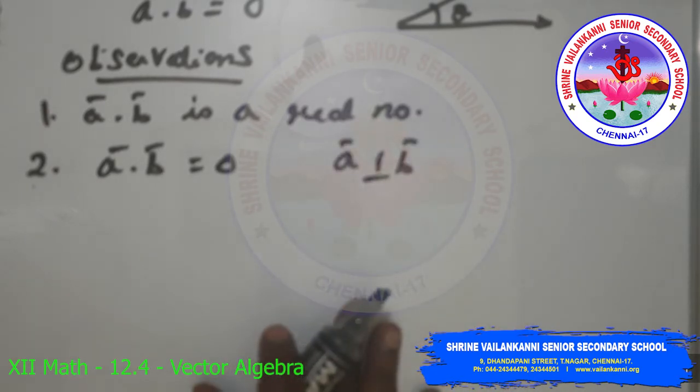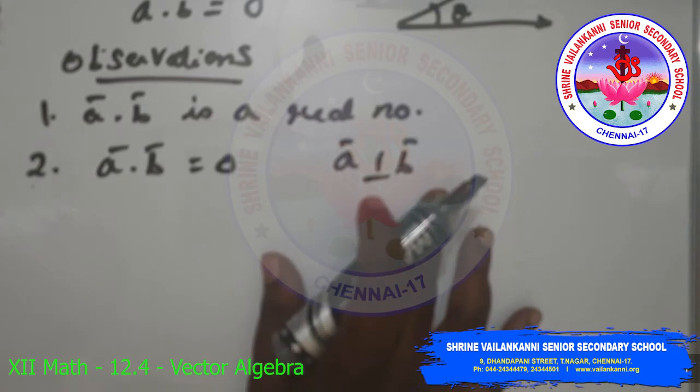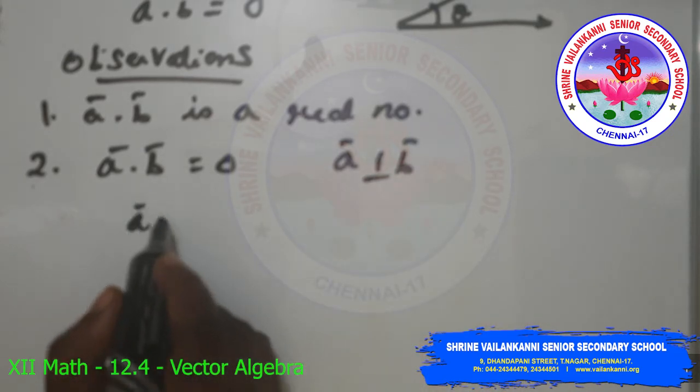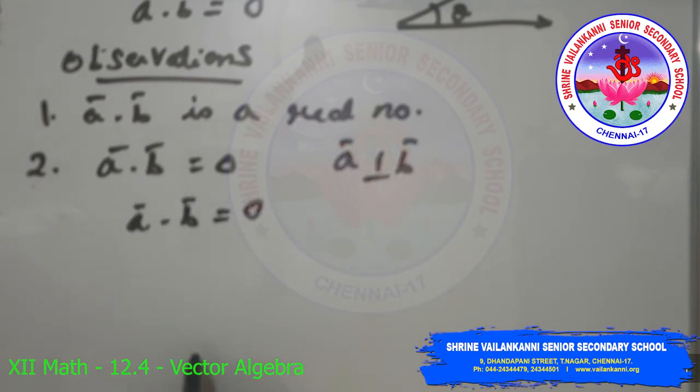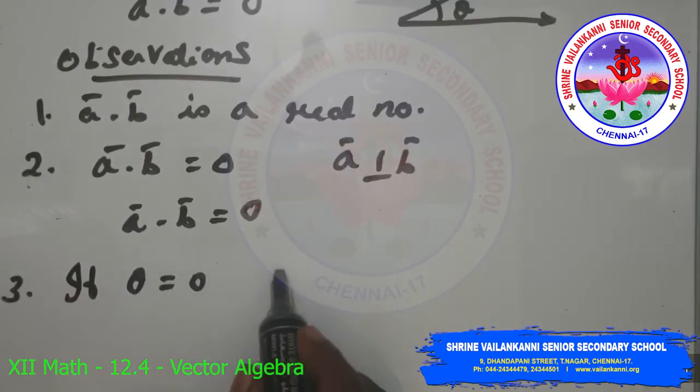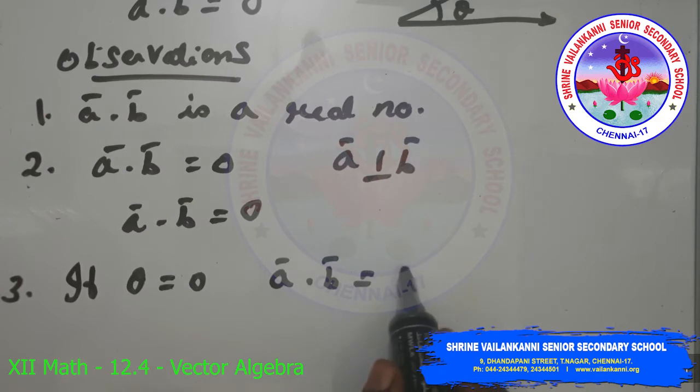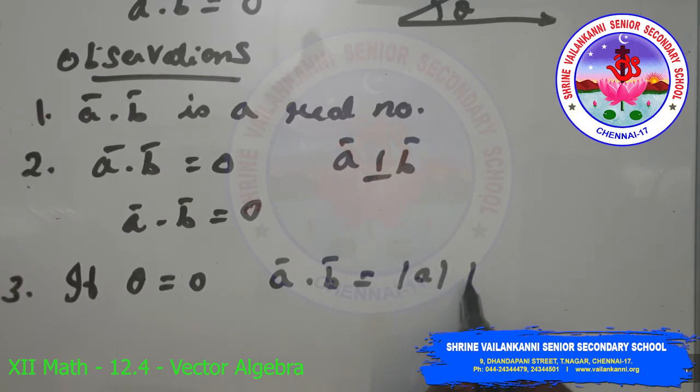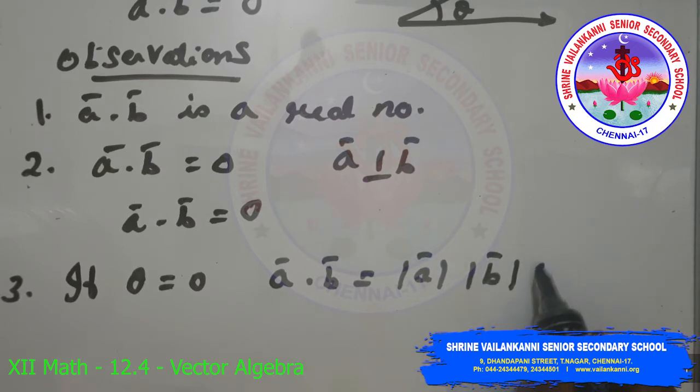Third one, if theta equal to 0, then a dot b equal to magnitude of a into magnitude of b. Cos 0 is 1. So a dot b equal to a into b.